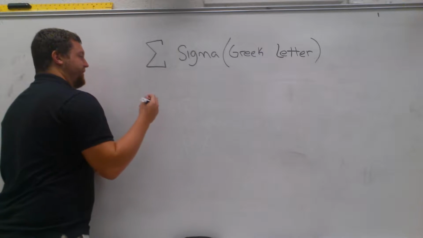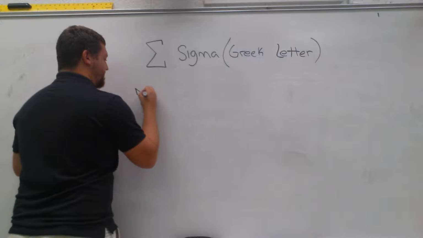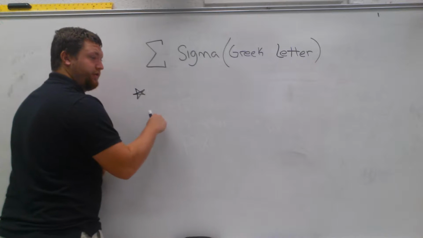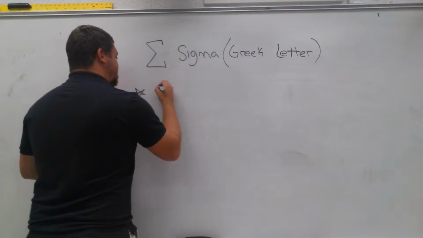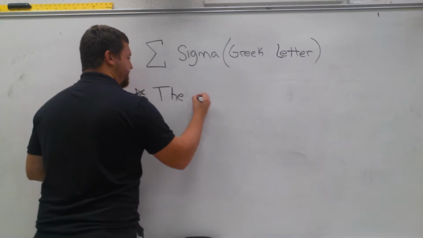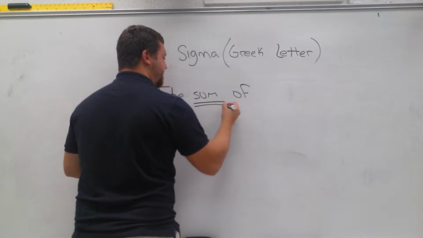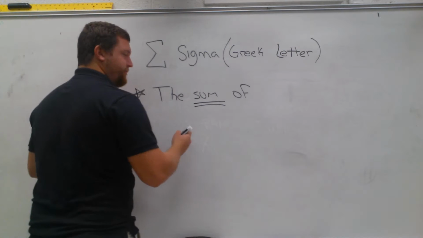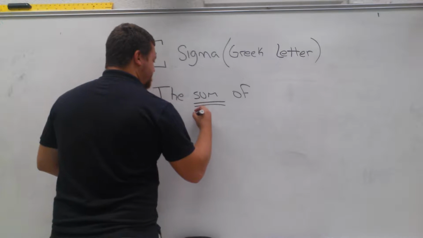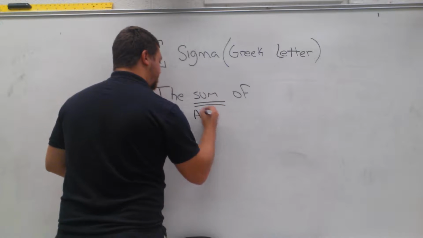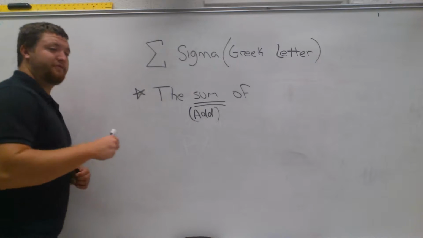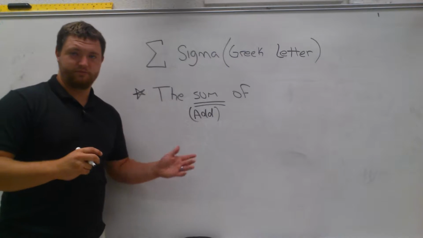So what it means in math, and this would be your definition of it. I want all of this on a note card though if you're into it. It means the sum of. Okay? Sum. You better know what that means from like second grade. It means when you add everything up. So if you add everything up, you're going to use a sigma.